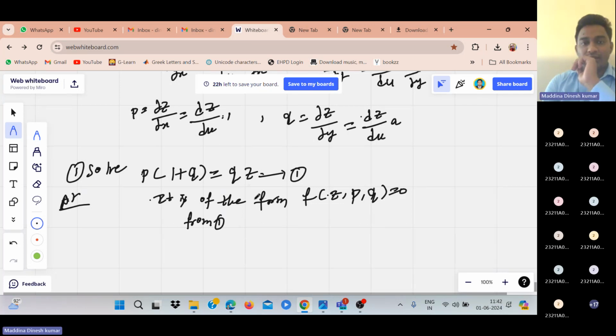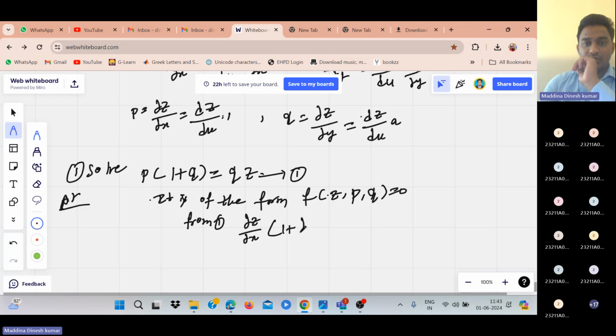Now from equation 1, in place of p, I am first writing generally dou z by dou x, then I will replace it with dz by du.